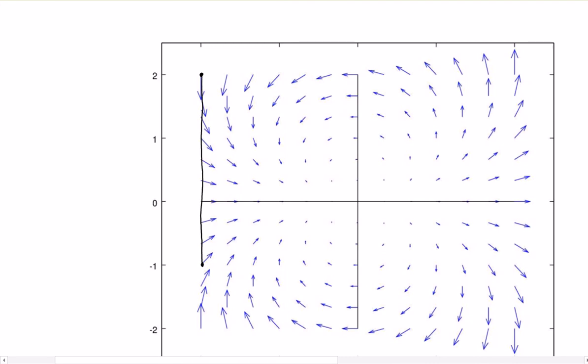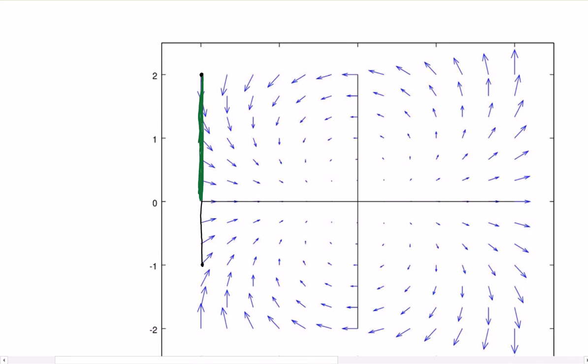So as you can see, it's going to be positive all the way here above the x-axis. So until we get to y equals 0, all of the arrows are pointing mostly downward. So we'll get a positive dot product.